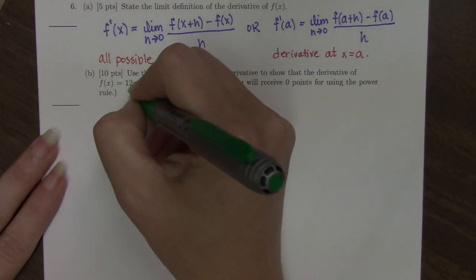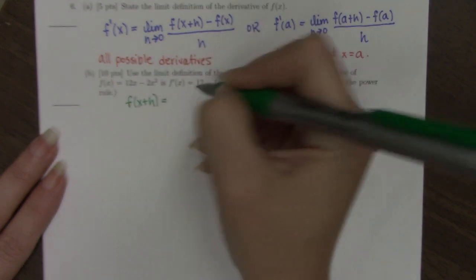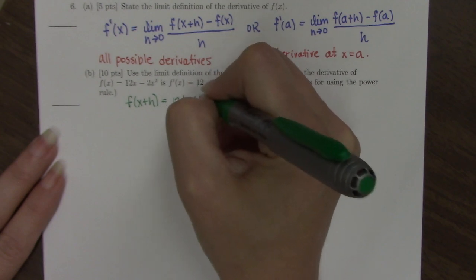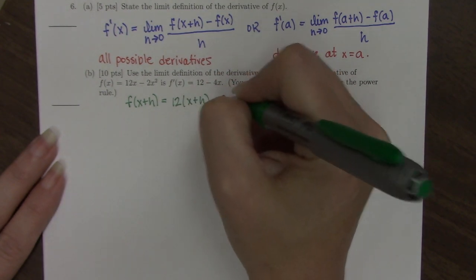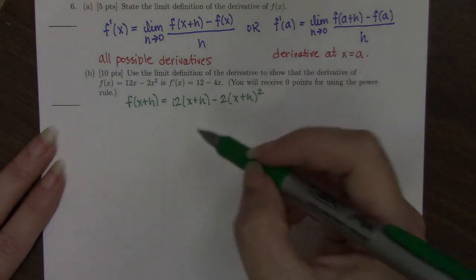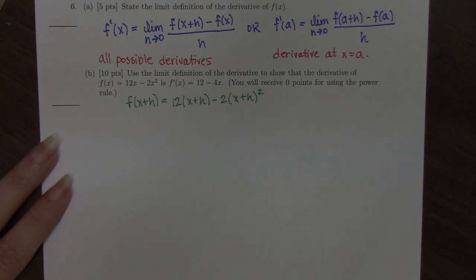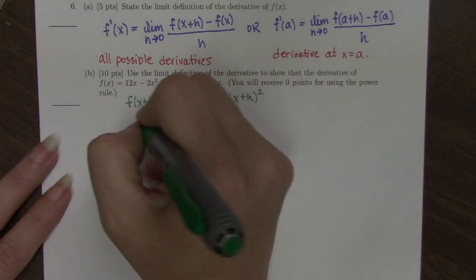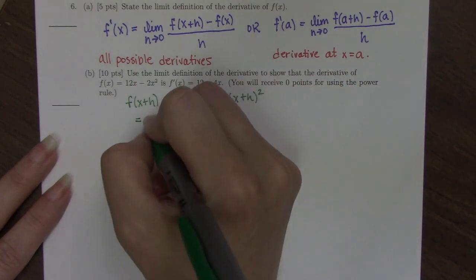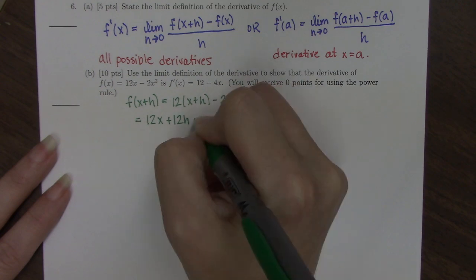So f of x plus h is going to be 12 times x plus h minus 2 times x plus h squared. I'm going to expand and simplify this first before I build my limit. The 12 is going to distribute, and we get 12x plus 12h.